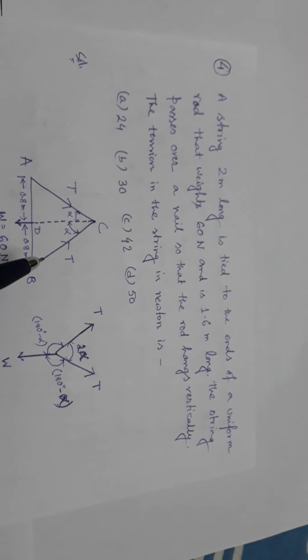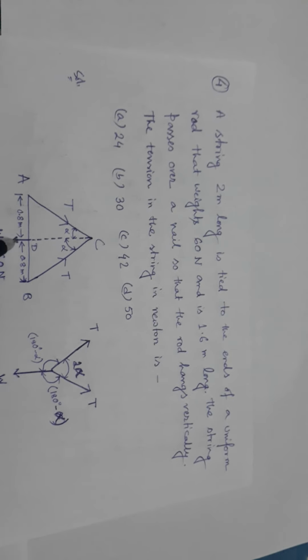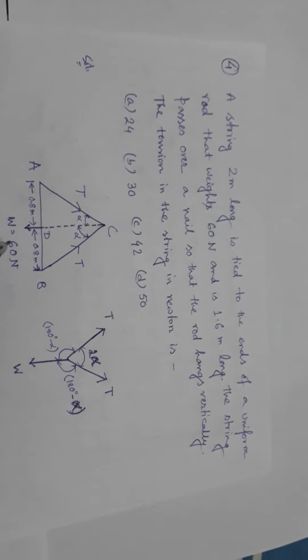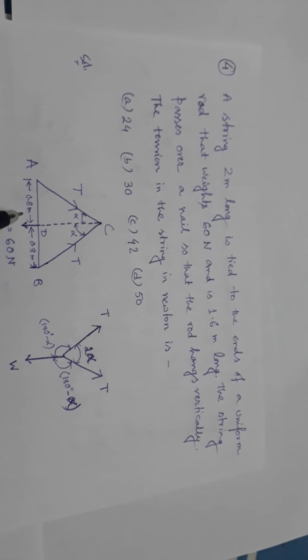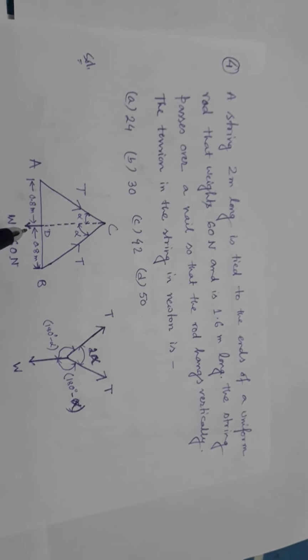The rod weighs 60 Newton and is 1.6 meters long. The string passes over a nail so that the rod hangs vertically. So we have to find out the tension in the string.